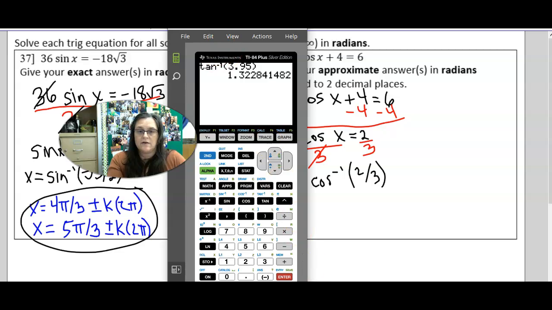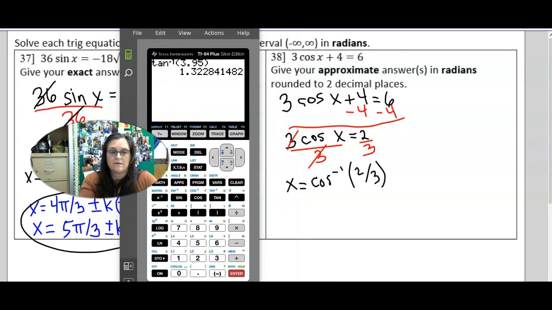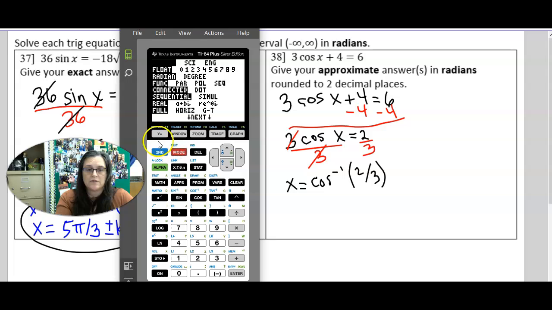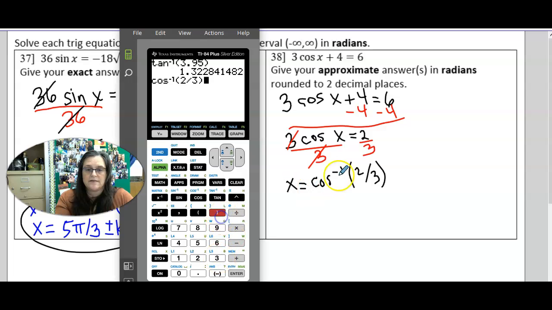In the calculator, we want to be in radian mode, which we are, and we'll evaluate the arc cosine of 2/3. That's a positive, so our principal value will come from quadrant 1, and that's 0.84.